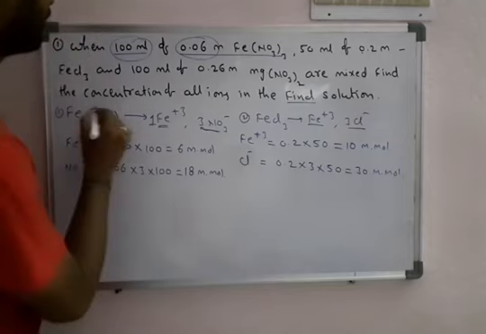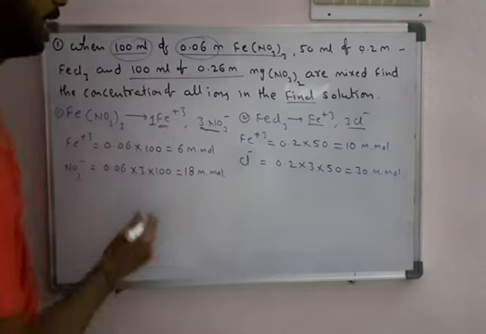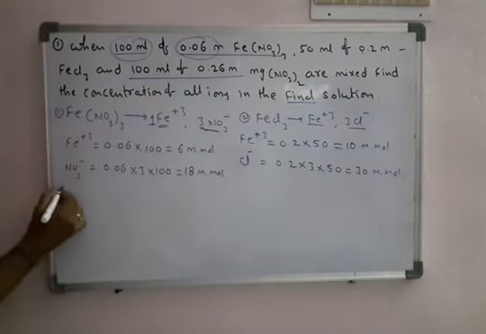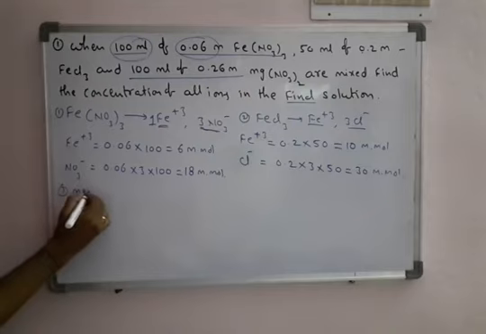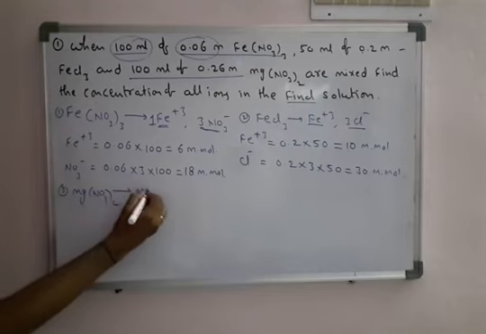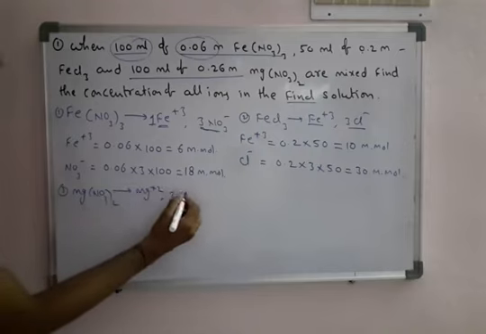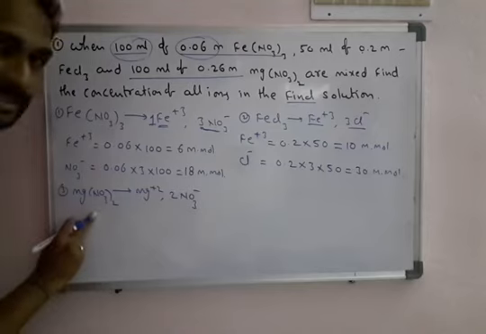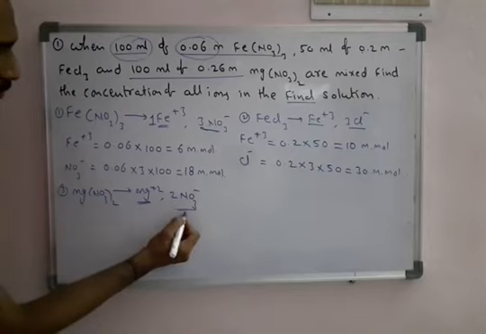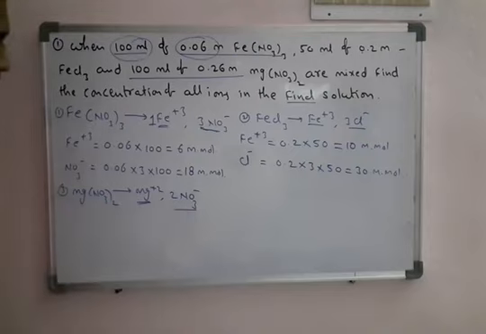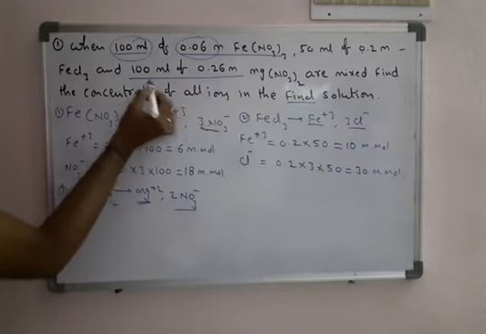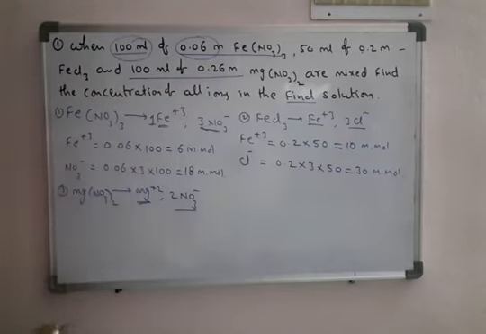Next is the third solution, 100 milliliter of 0.26 M magnesium nitrate. Magnesium nitrate gives which ions? Mg+2 magnesium ion and 2 nitrate ions. Here 1 mole of Mg+2 and 2 moles of NO3-. Millimoles is again molarity into volume in milliliters.